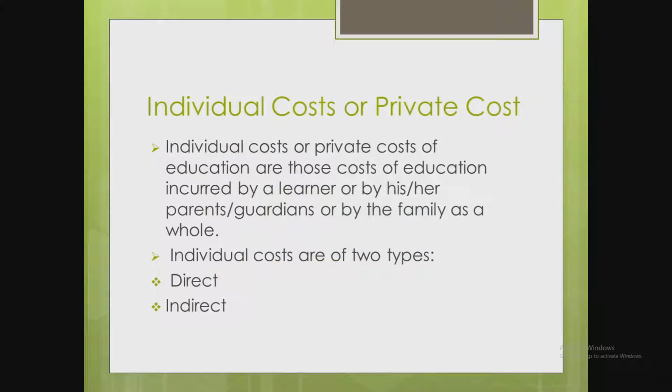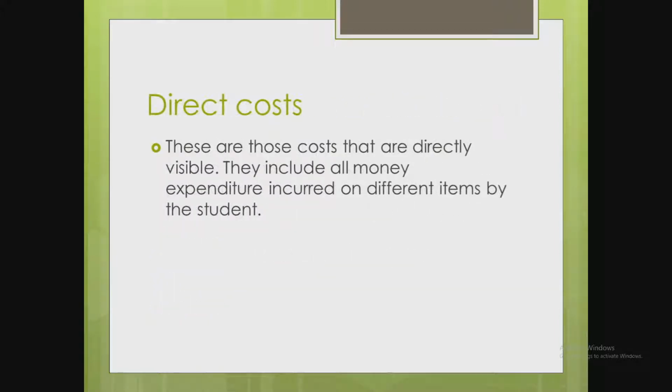Individual costs or private costs. Individual costs or private costs of education are those costs of education incurred by a learner or by his or her parents/guardians or by the family as a whole. Individual costs are of two types: direct and indirect. Direct costs are those costs that are directly visible.